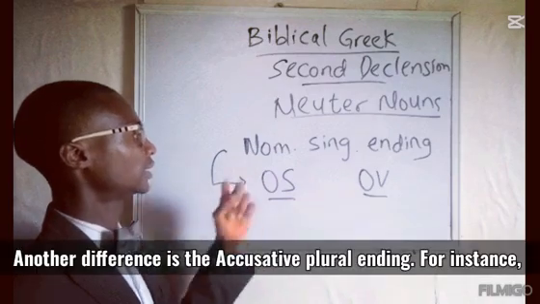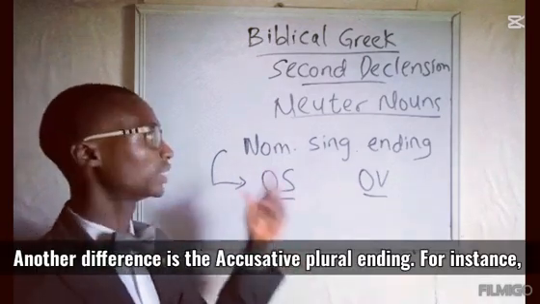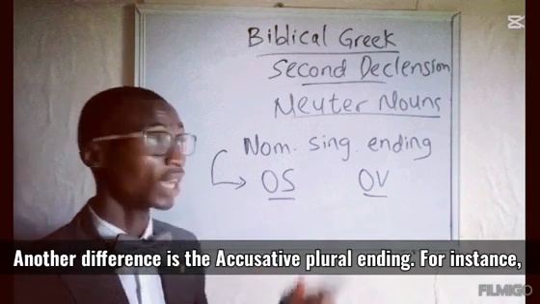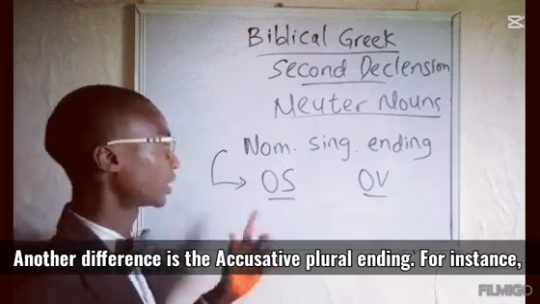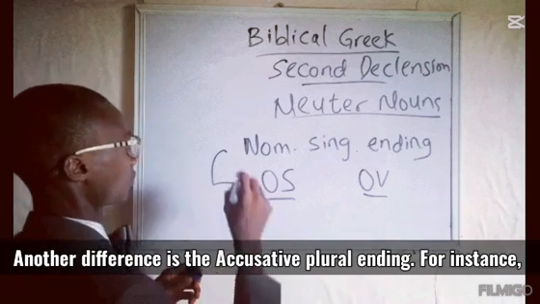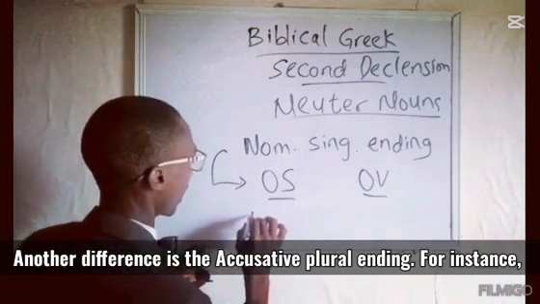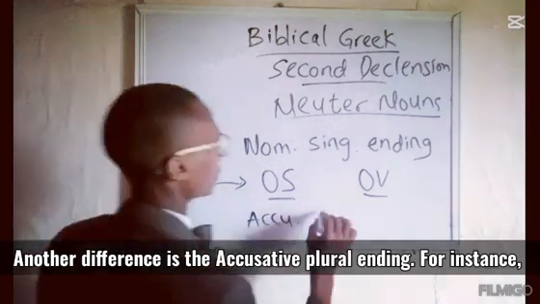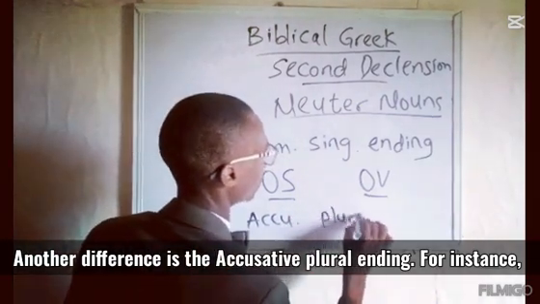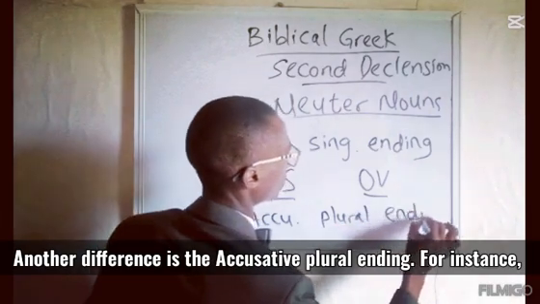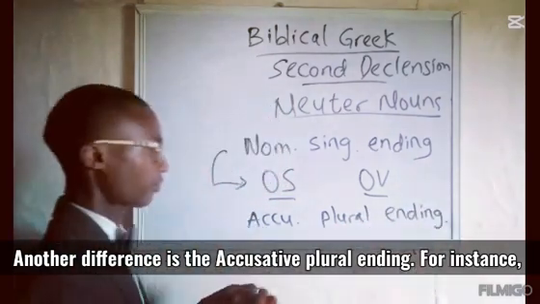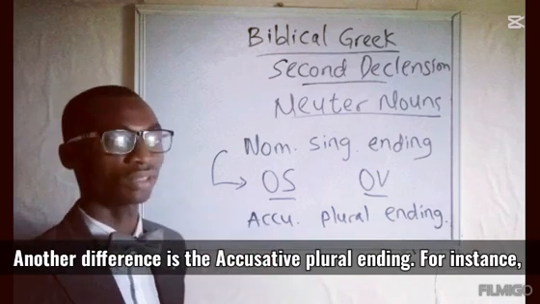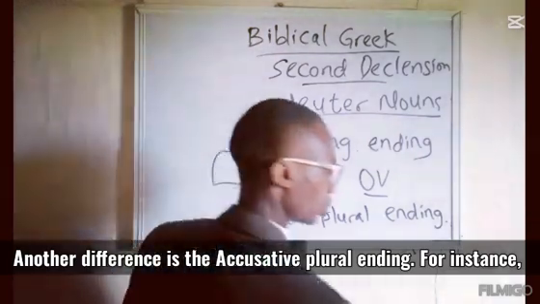Another difference between the neuter nouns and the masculine nouns under the same declension is that the accusative plural ending is also different, and I will show this now.